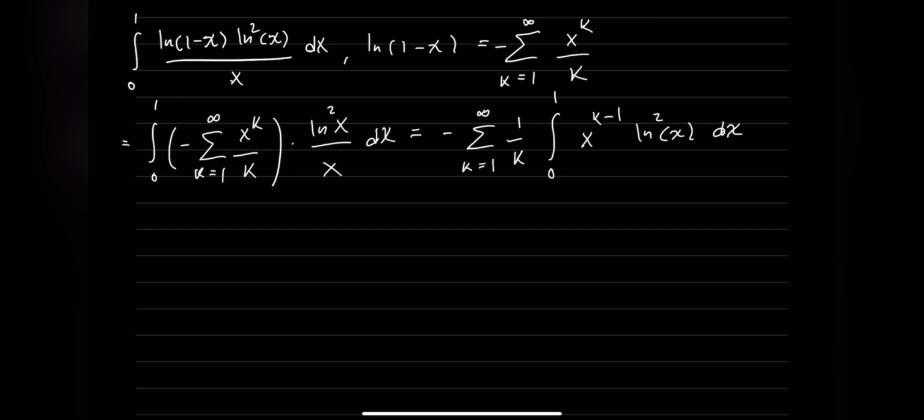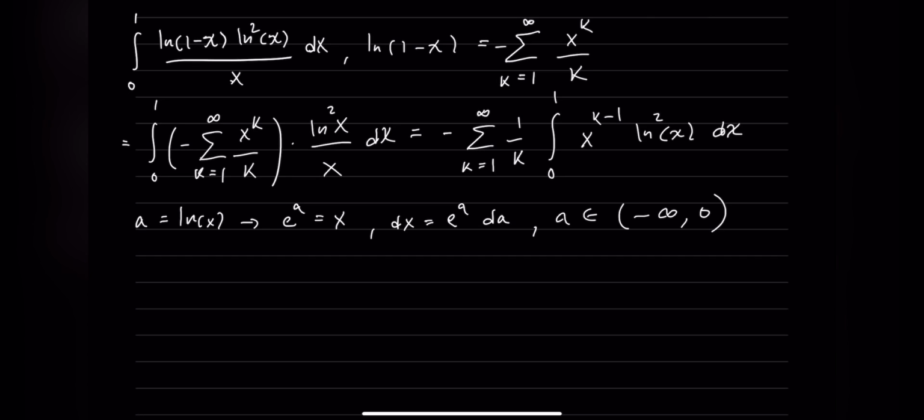And then from here we can make a substitution, so we'll let a equal the natural log of x, which means that e to the a is equal to x, so dx is e to the a dA, and a is going to go from minus infinity to 0.